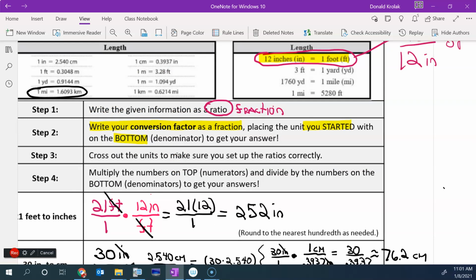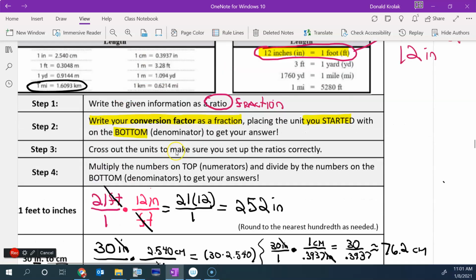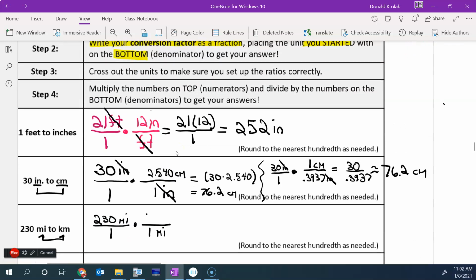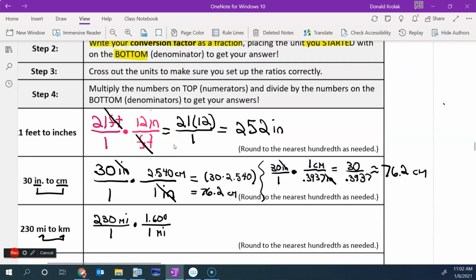All right, so 1 is going to go on the bottom, and 1.6093 kilometers. Now that's just the multiplication.